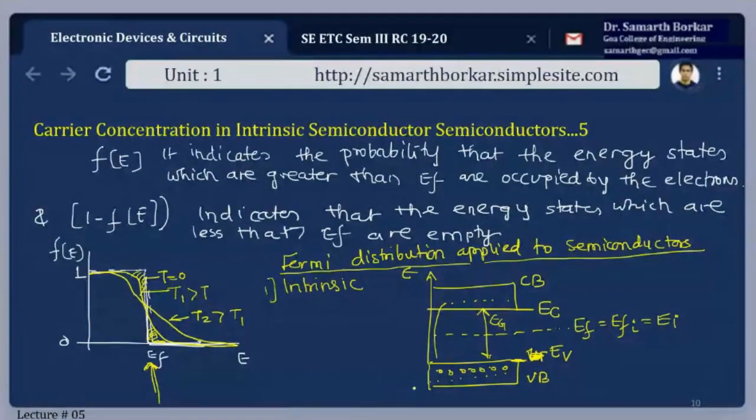Now, if I draw the Fermi Dirac distribution, the same one, on a common axis, this is probability 1, this is probability 0. Now, this is the holes. So these are the empty states represented here, and here there are filled electrons. This is F of E, and this is 1 minus F of E.